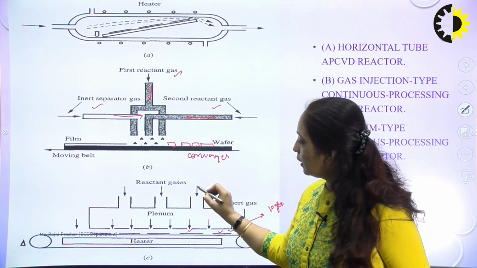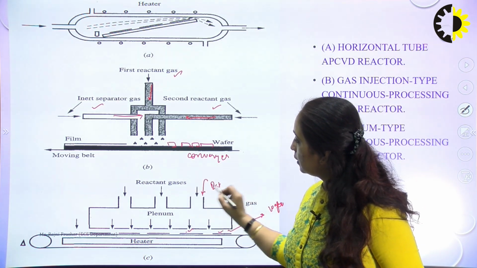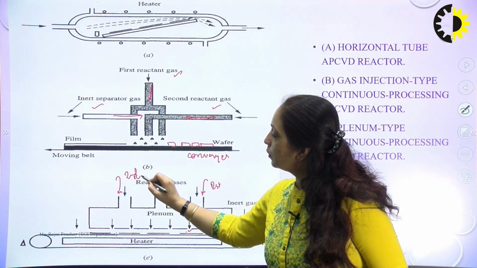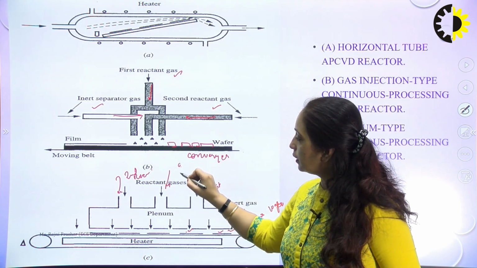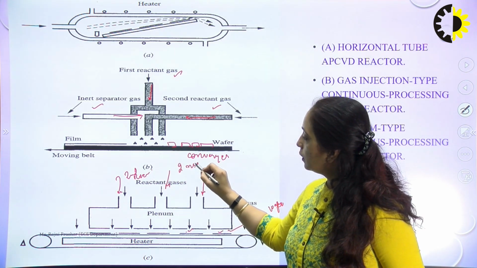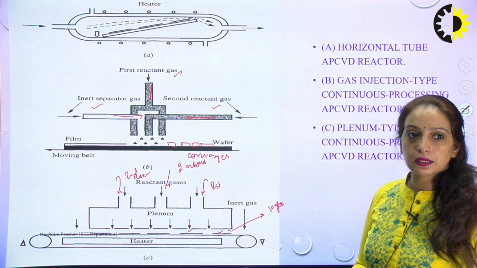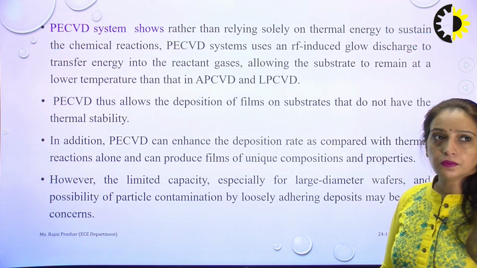This way we can use the first gas and second reactant gas, depending upon the requirement, and inert gases can also be included in this, right? So this way these reactors work.